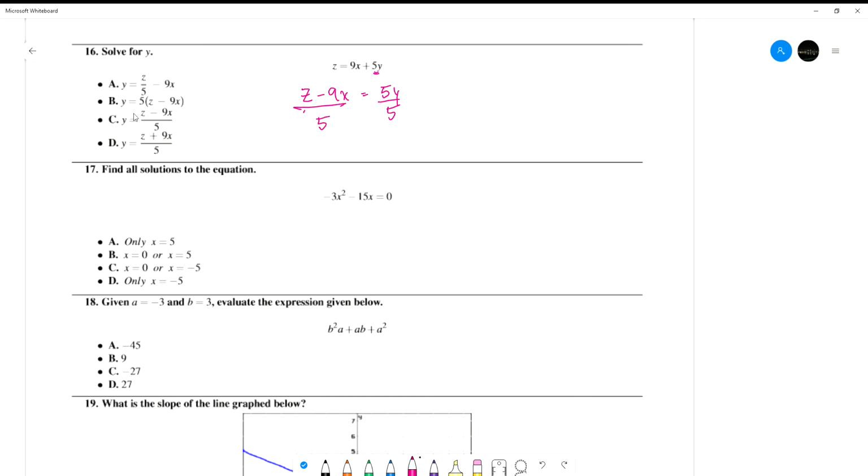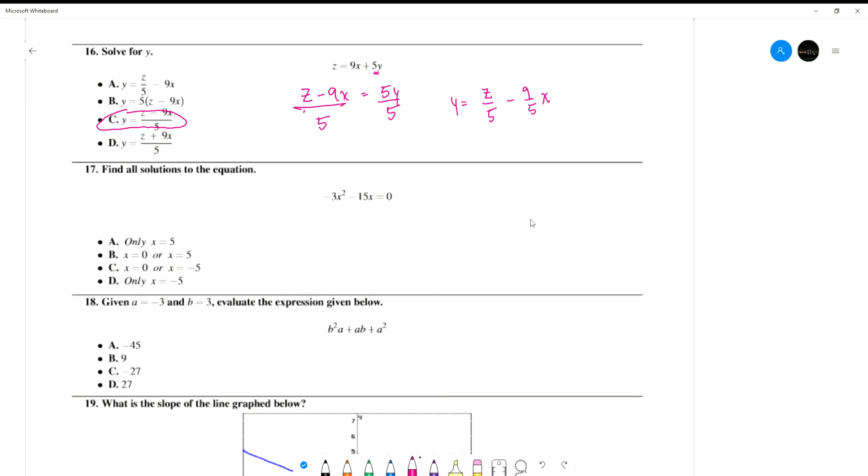So I see already C is the answer here, right? And even if you were to separate these, this would be y is equal to z over 5 minus 9/5 x. And I don't see that anywhere else here. So it's not A, right? It looks almost similar, but it's not.